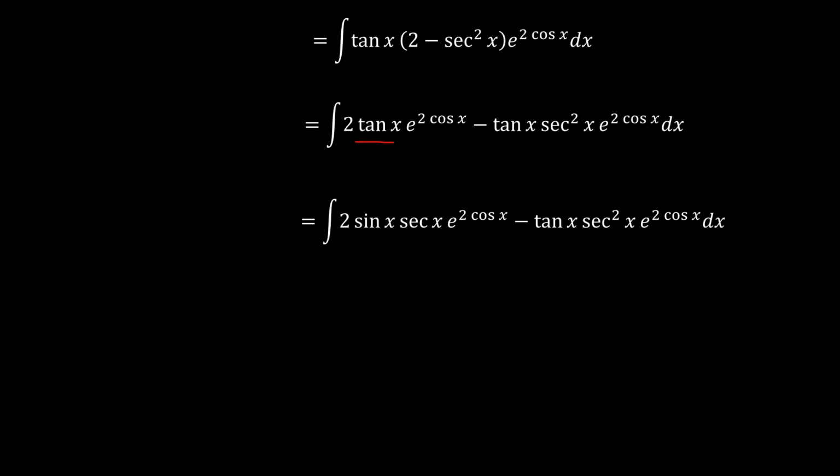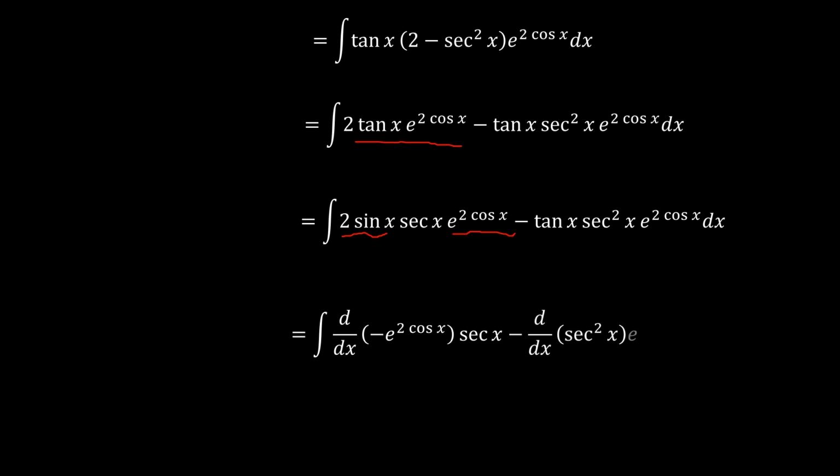So this expression, 2 tan x e to the power 2x, can be expressed as 2 sine x sec x times e to the power 2 cosine x. Now this term and this term here can be expressed as the derivative of negative e to the power 2 cosine x, since when we differentiate e to the power 2 cosine x, we get e to the power 2 cosine x times the derivative of 2 cosine x, which is negative 2 sine x.